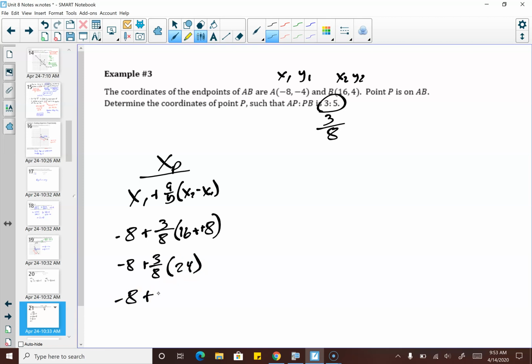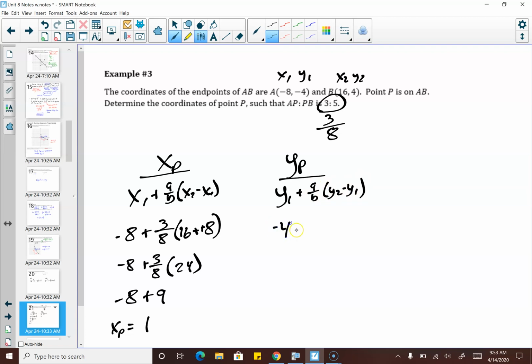-8 plus, if we do 3/8 of 24, we get 9. And then -8 plus 9 is 1. So there's the x part of our P coordinate. Now we're going to do the same thing for y. It's the same formula, just every place we had an x, we're going to replace it with a y.